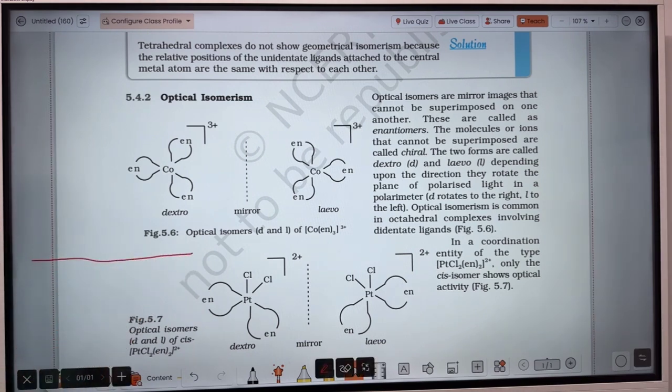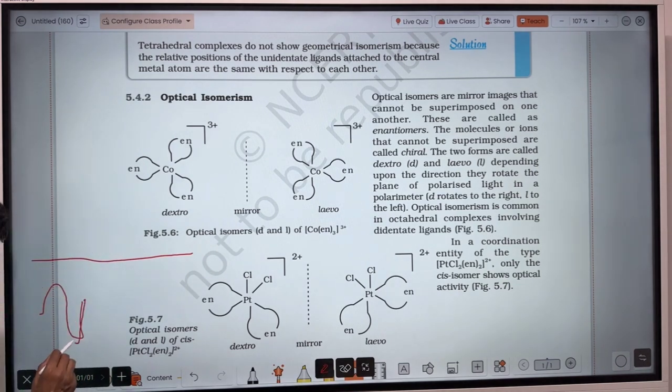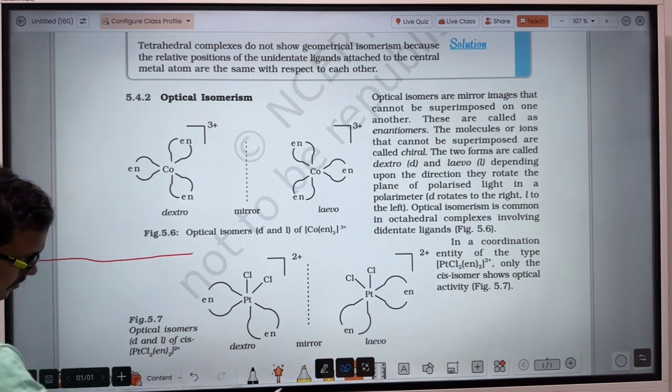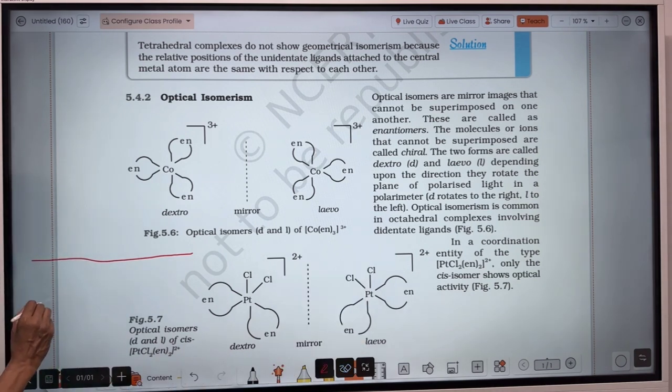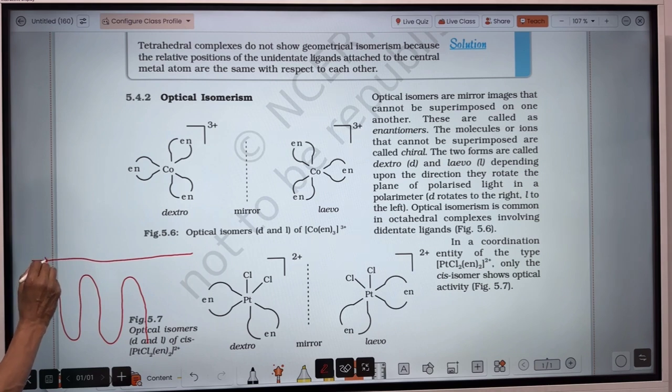Now when you jerk this string, this type of shape you will observe. Here this particle will go above to the maximum, then come down, go to the maximum below, and again go back.